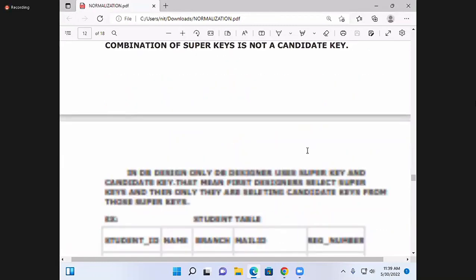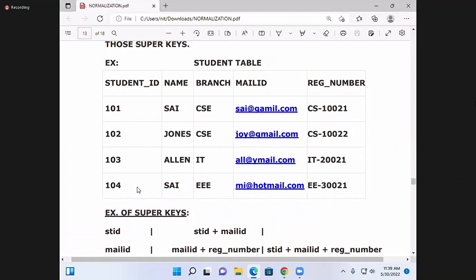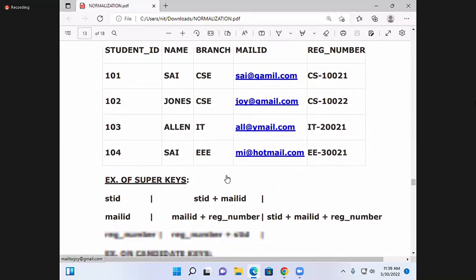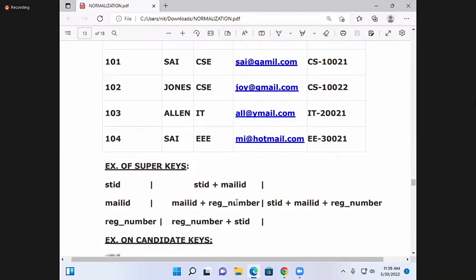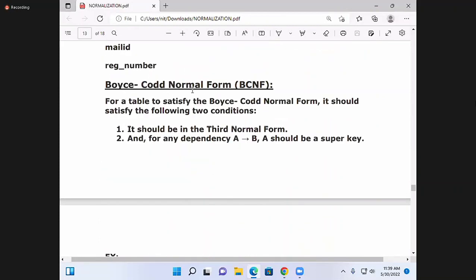Every individual minimal super key is also called a candidate key. Then we covered how to find super keys, combinations, and candidate keys in a table. Now comes Boyce-Codd normal form. It should be in third normal form, and for any dependency, if A depends on B, then A should be a super key.